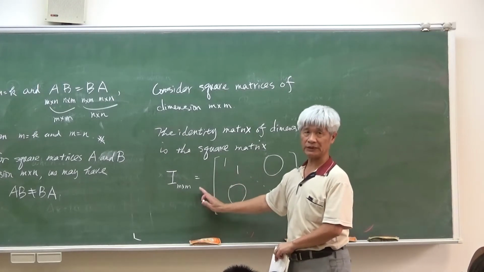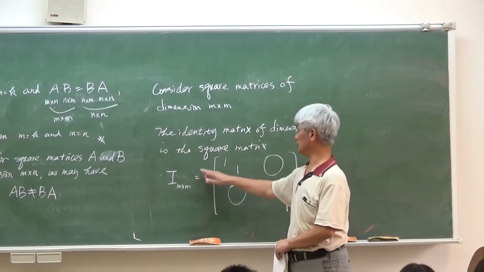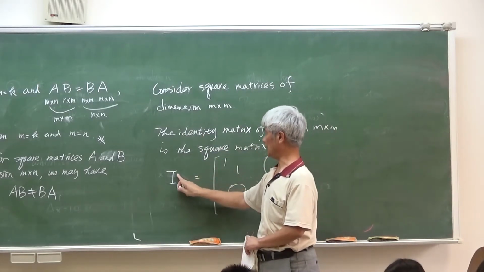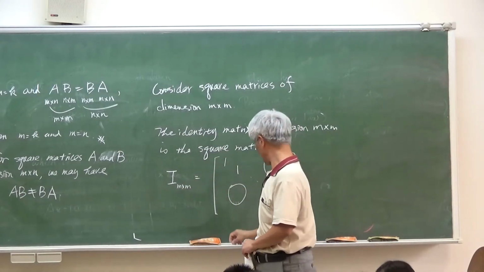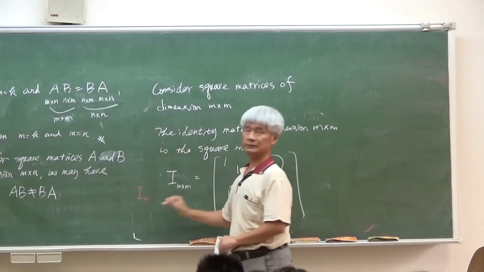This is a very special kind of square matrix of dimension n times n. It's called the identity matrix, and the notation is I n times n. Sometimes I will write I_n.